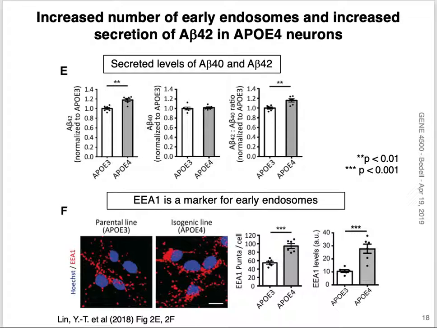How this relates directly to that, they don't show here, but it's clearly implying that these neurons with APOE4 genotype behave very differently with respect to both exporting A-beta and taking it up, recycling it.